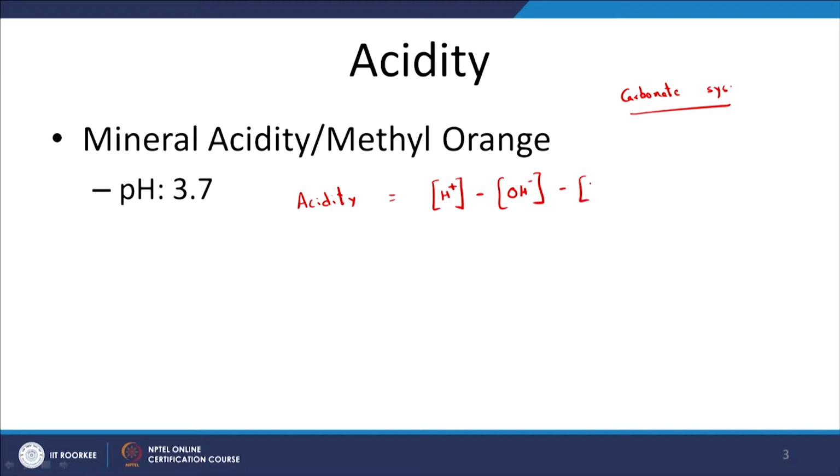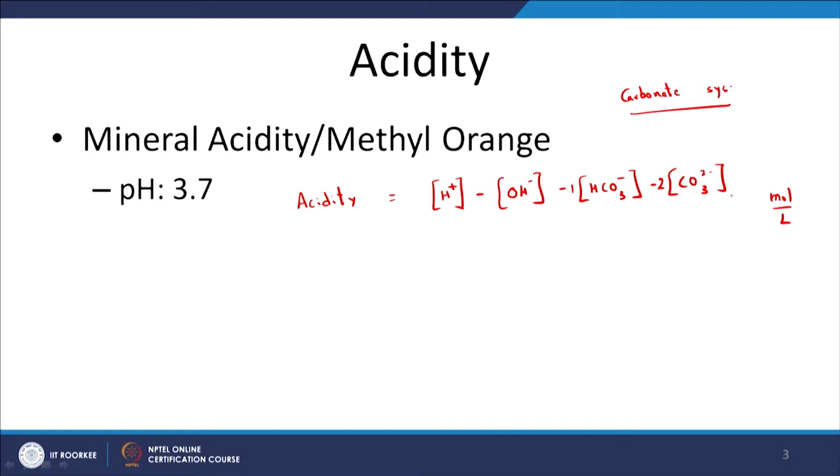So it is going to be minus HCO3 minus, minus 2 times CO3 2 minus, right. And what are the units here, because we already looked at the relevant coefficients? The units are not equivalents per liter but moles per liter, yes.